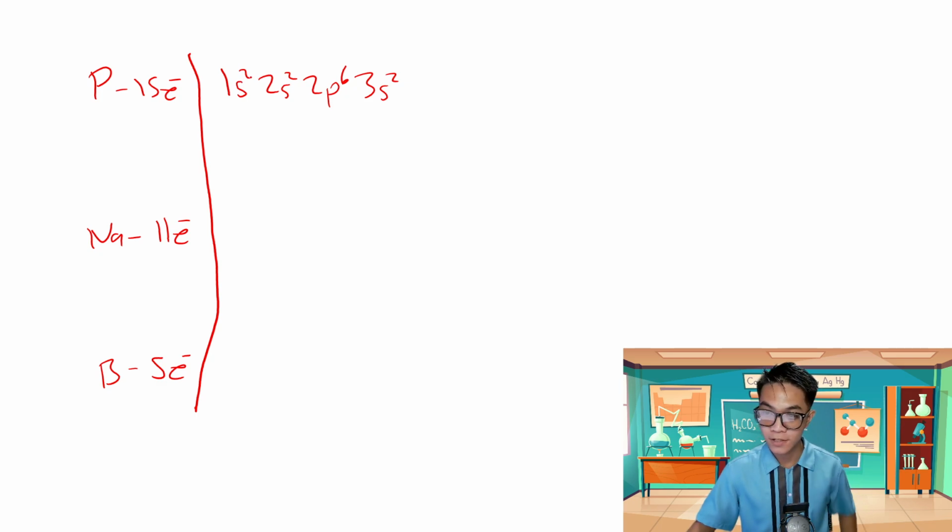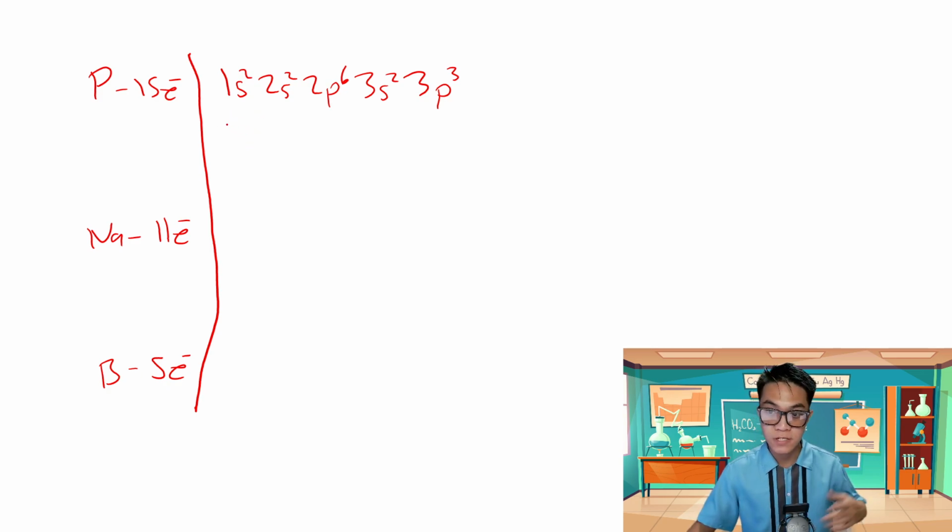How many are there already? There are 2, 4, 10, 12. So we need 3 more electrons, and that would be 3p3. So that's 3, 5, 11, 13, and 15. So this is our correct linear electron configuration.